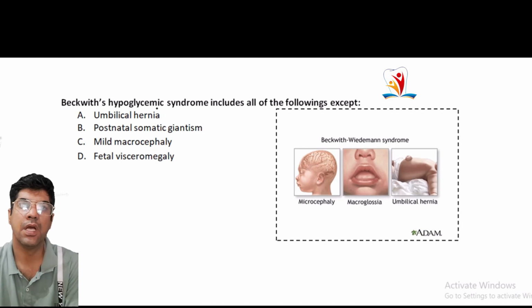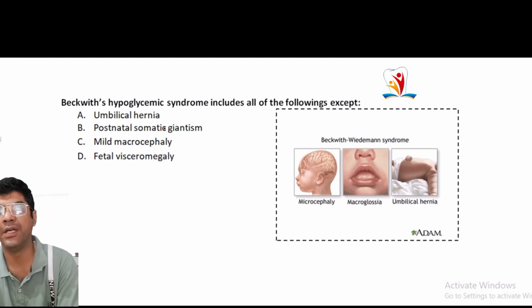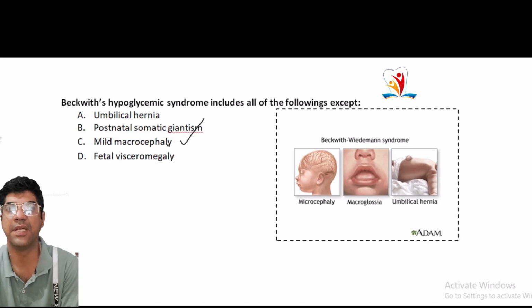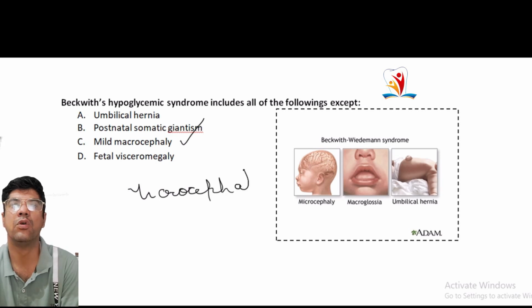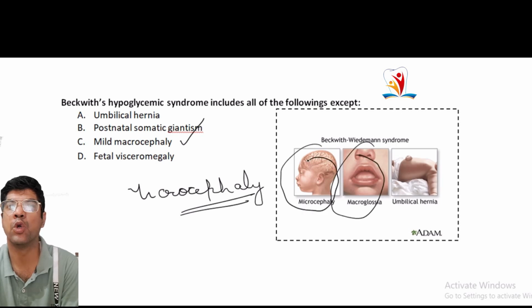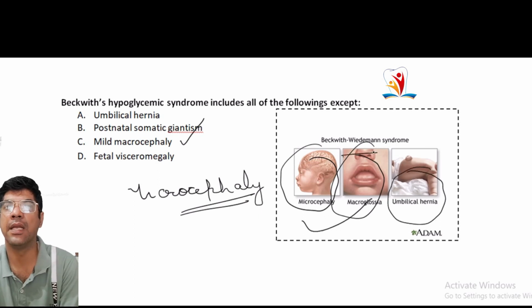The next question, Beckwith-Wiedemann syndrome includes all, except: mild macrocephaly. Apart from that, there is macroglossia, microcephaly and umbilical hernia.